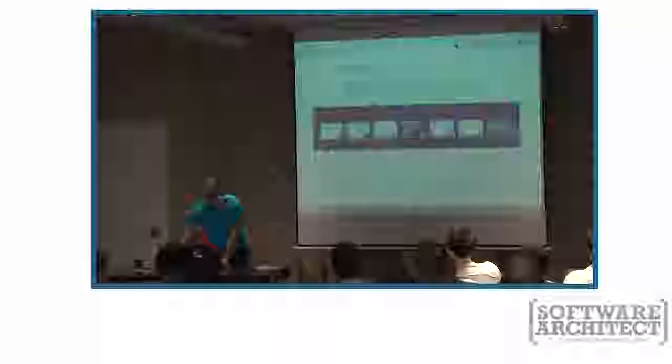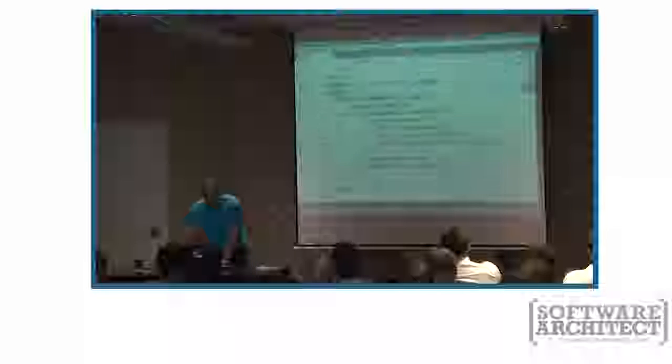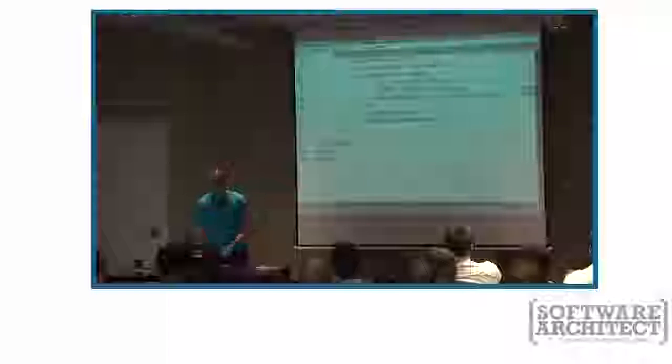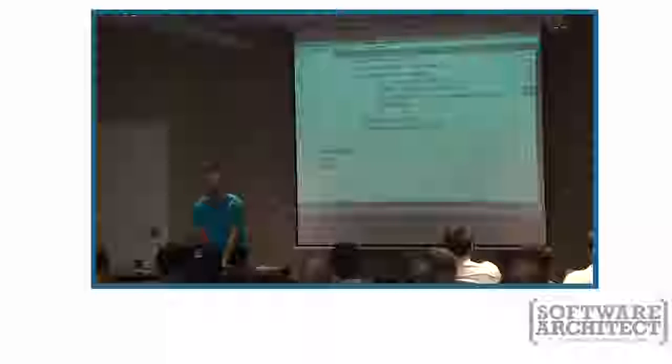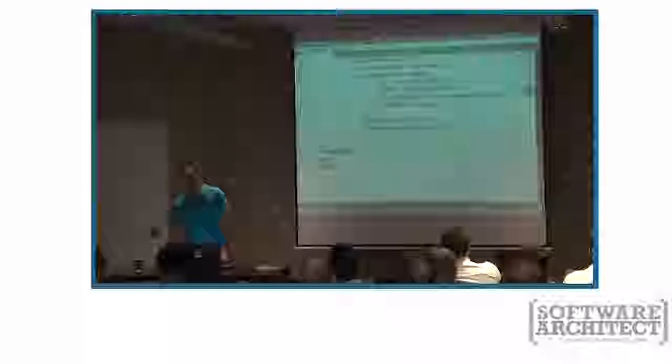So we have that. Now let's add something, because something that is really missing in my application here is a way to complete tasks. No task management system is done without a way to complete tasks. So the first thing I need to do is add a way to know if a task is completed. So I'm going to add to my task object a completed property, and it will start with false.